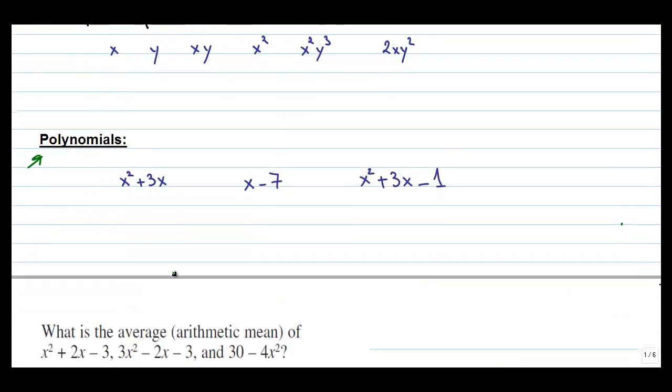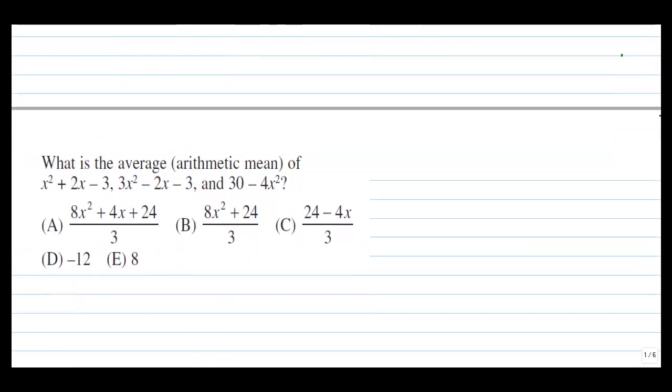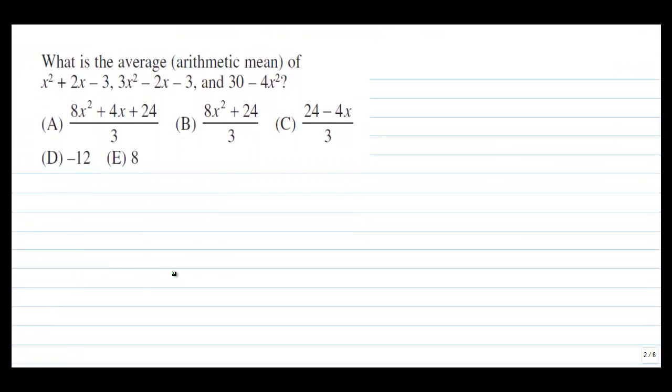Alright, we move on to the first problem today. The question says, what is the average, the arithmetic mean, of x squared plus 2x minus 3 and 3x and so on. We have three polynomials here and we want to find the average of these three polynomials. It's very simple.